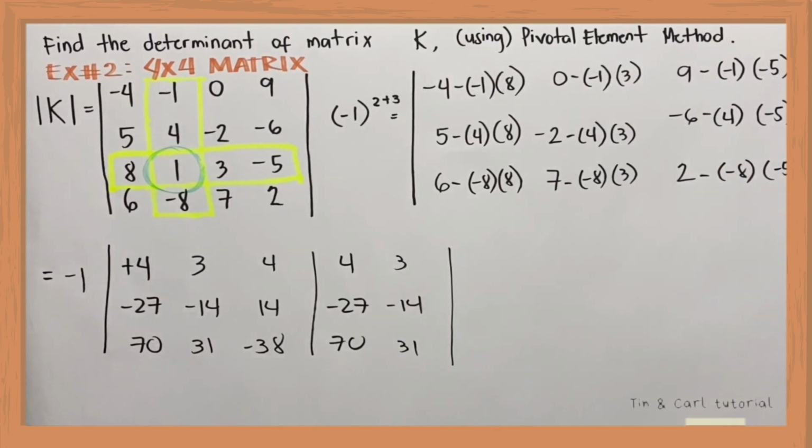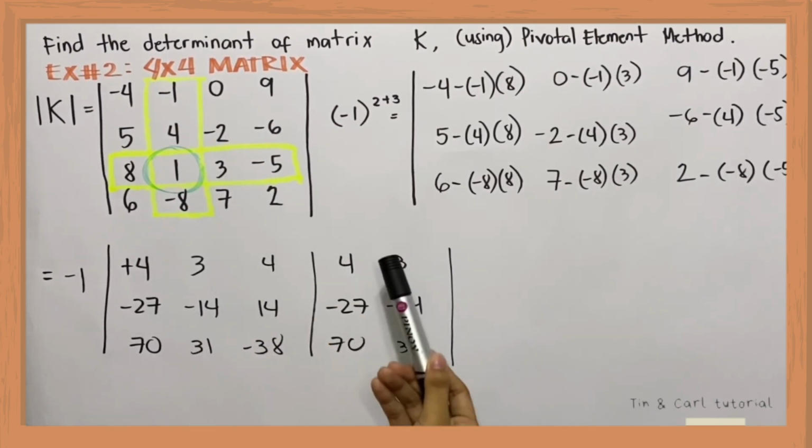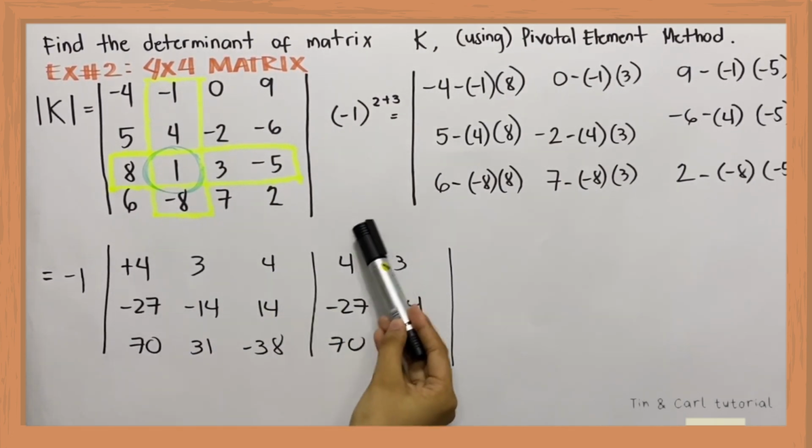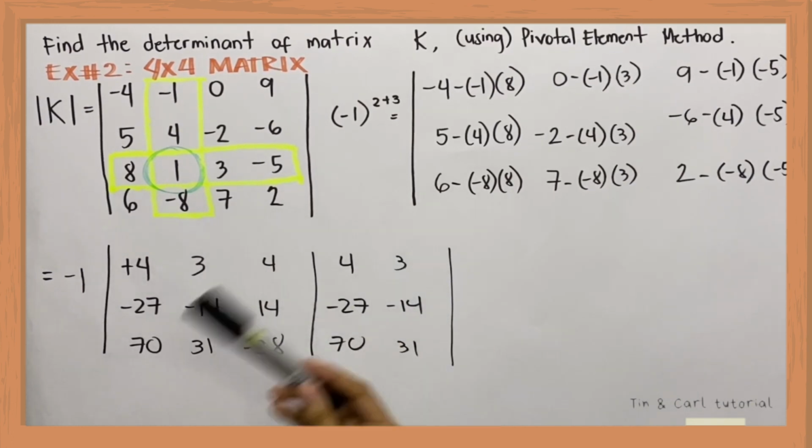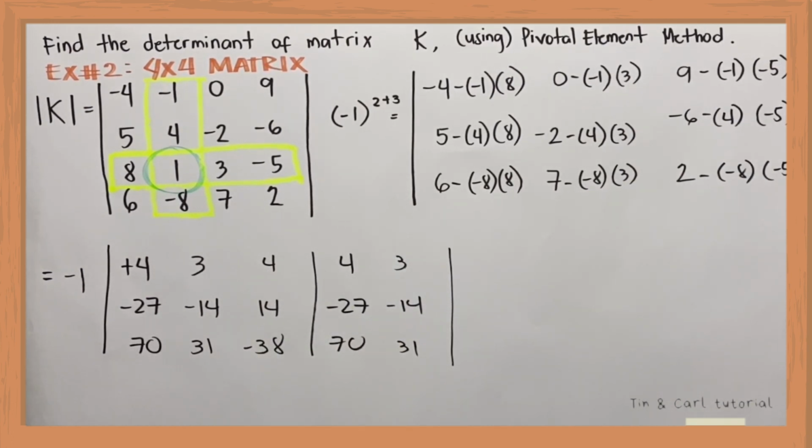Yan. Then, ito yung tinatawag na Leibniz method. Gagamitin natin from pivotal element method to Leibniz method dahil 3x3 lang. So, para hindi tayo malito sa part na to, i-highlight natin sila. Kung ano yung mga i-multiply natin and i-add. Okay?